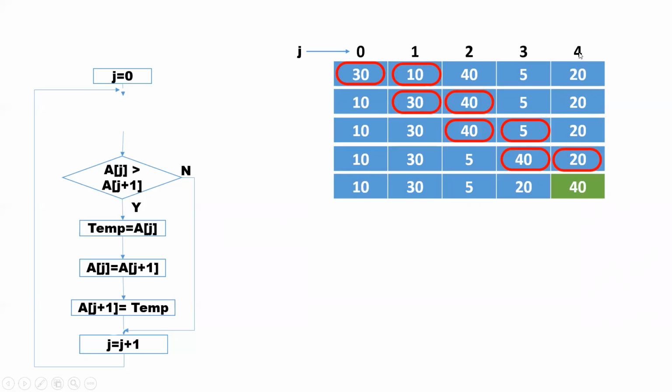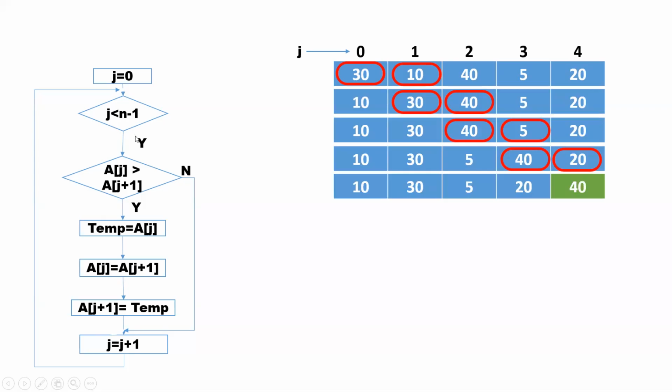Then the index value of the last element is n minus 1, so j should go only up to n minus 2. That means we can write the condition j less than n minus 1. Here, n minus 1 is 4, so j should go up to 3. That means it should be less than n minus 1.